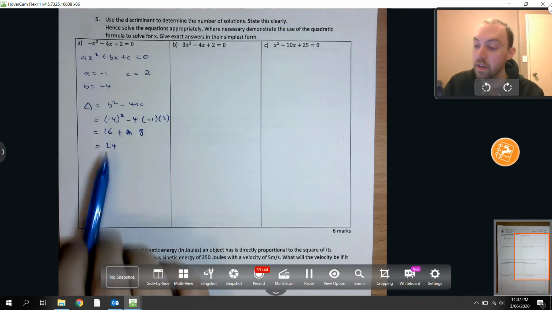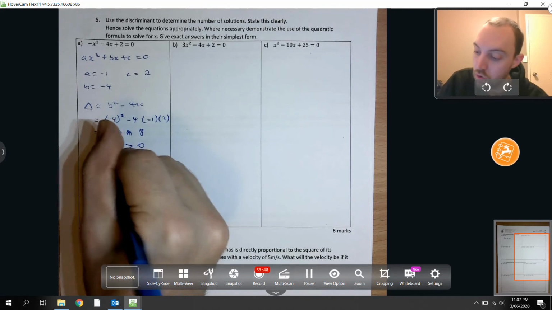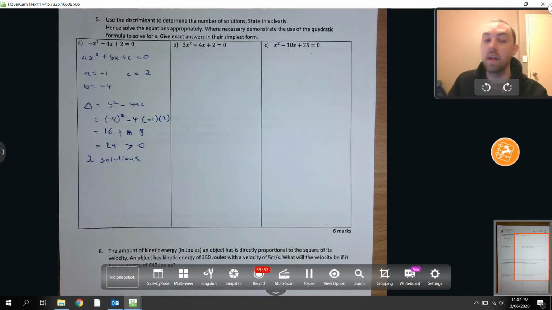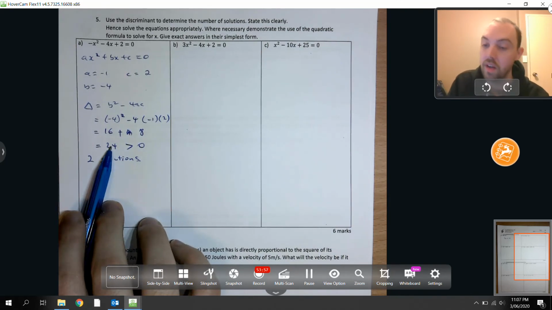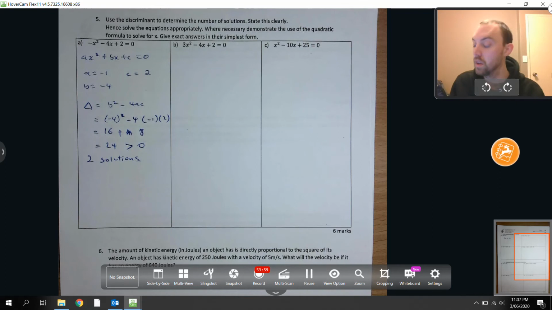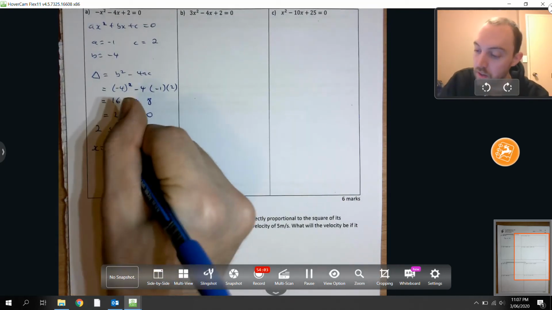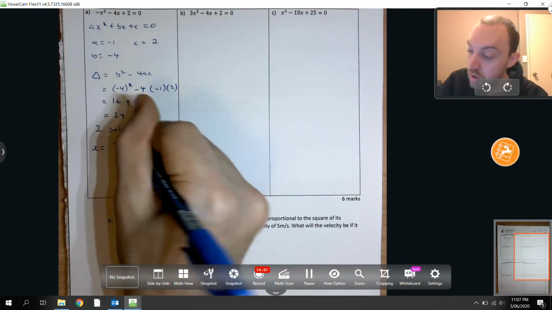Now, it is a positive number, so there are 2 solutions. It is not a square number. You can get 16 or you can get 25. So we need to use the quadratic formula to find this solution. And I'm going to run out of room for sure.